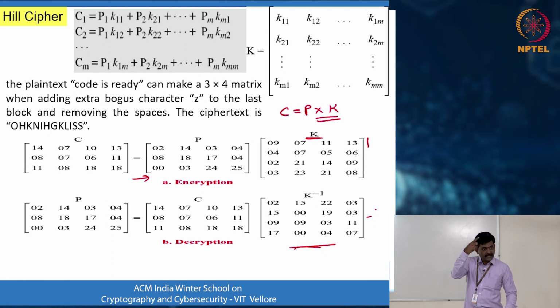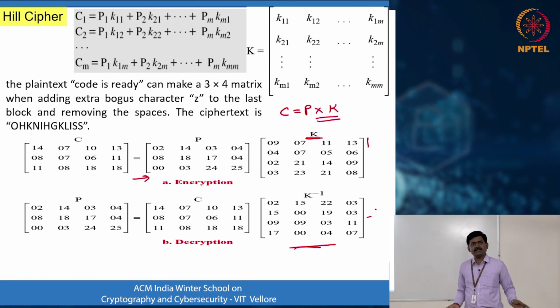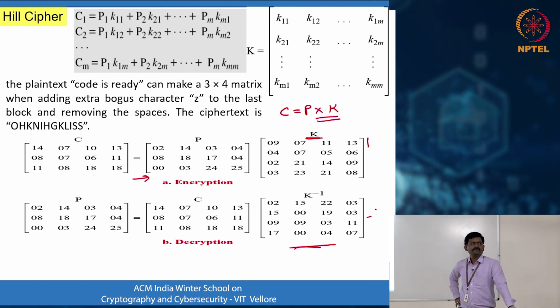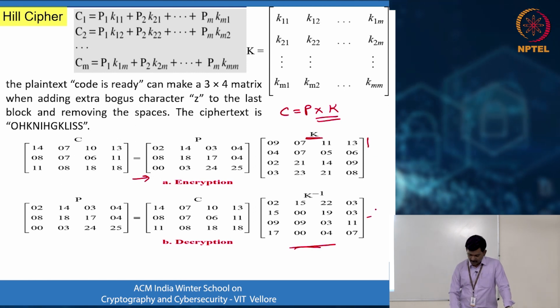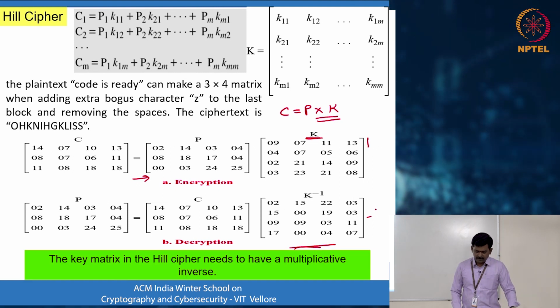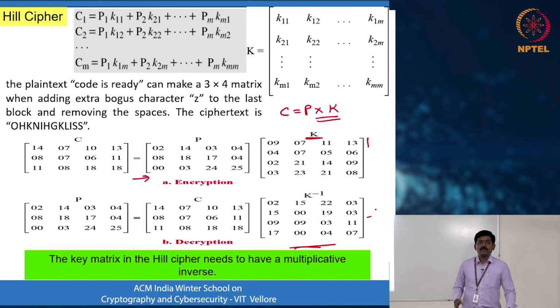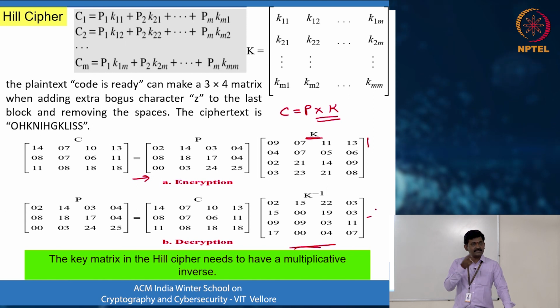So K and minus K in the case of additive, K inverse in the case of multiplicative, it is for symmetric. So Hill cipher: the key matrix of Hill cipher should have a multiplicative inverse. You need to choose those matrices that have a multiplicative inverse, otherwise you should not choose.